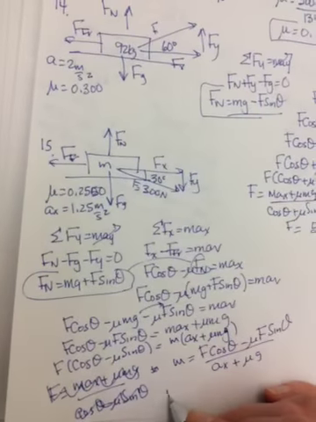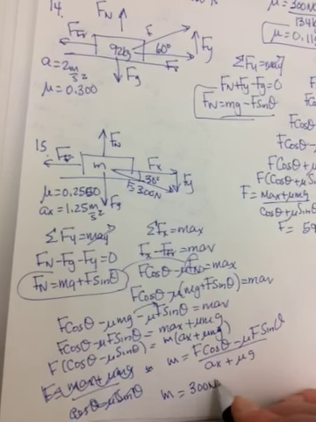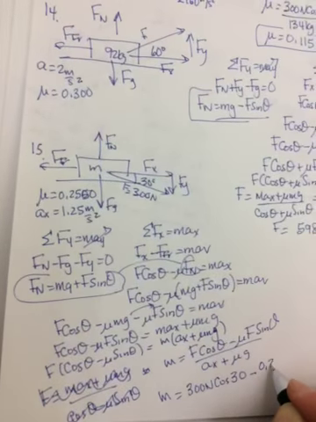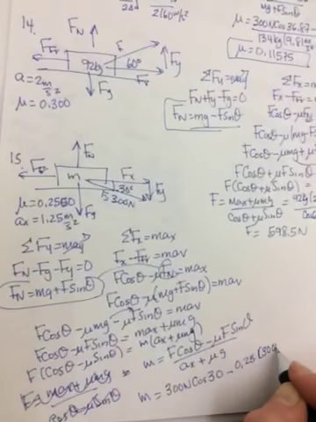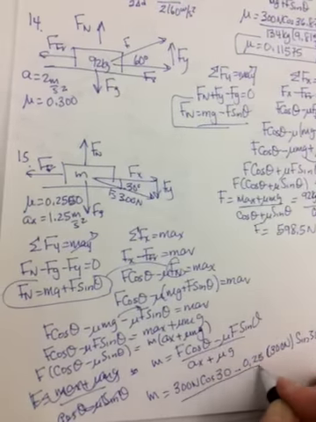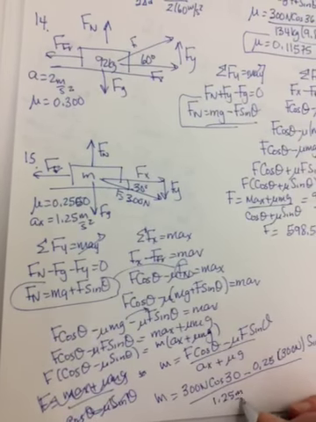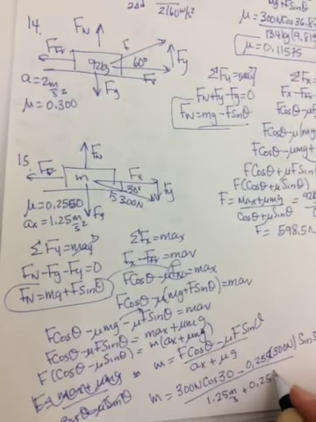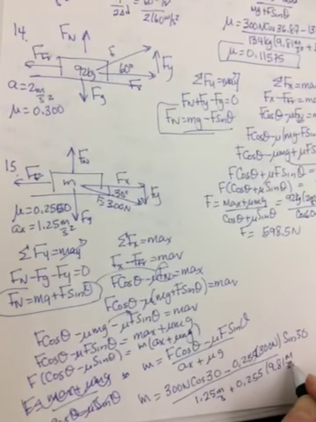Am I going to run out of time? Maybe. F was 300 newtons, cos of 30, minus 0.255, 300 newtons, sine of 30, divided by 1.25 meters per second squared plus 0.255 times 9.81 meters per second squared.